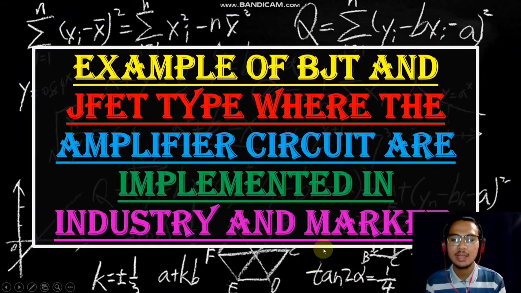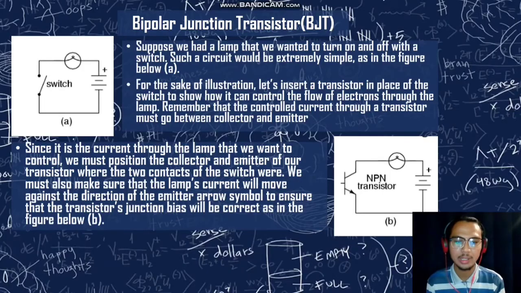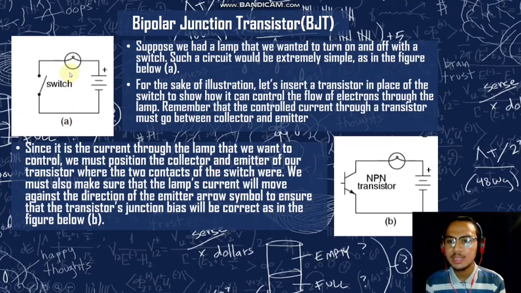Okay, next, examples of BJT and JFET types where the amplifier circuits are implemented in industry and market. Let's go. For BJT, bipolar junction transistor, we can see it is a circuit. We have a bulb, source, and switch. Suppose we had a lamp that we wanted to turn on and off with a switch.